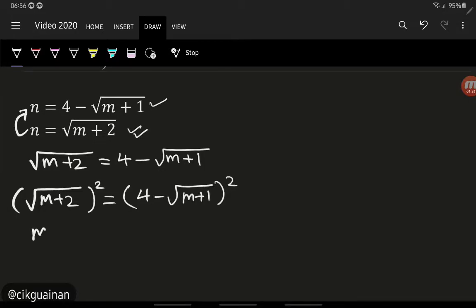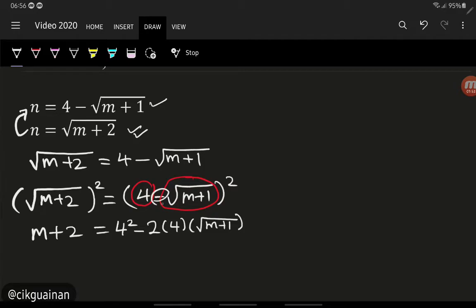So what we have is the left hand side is m plus 2, equals this one. We expand one by one. This is A and this is our B. So it's A squared, minus 2AB. Why minus? Because in front of it is a minus. If it's plus, then plus.